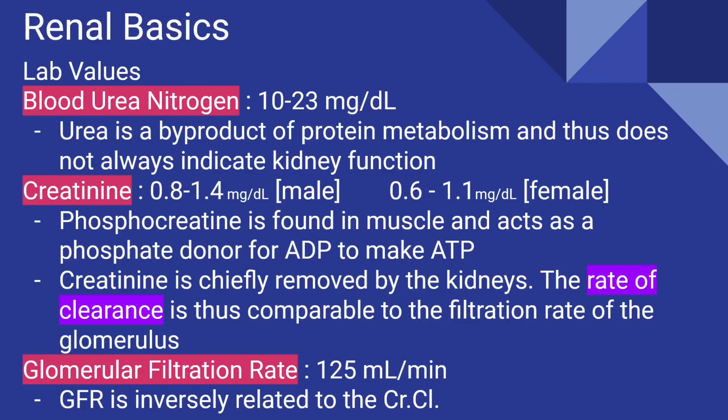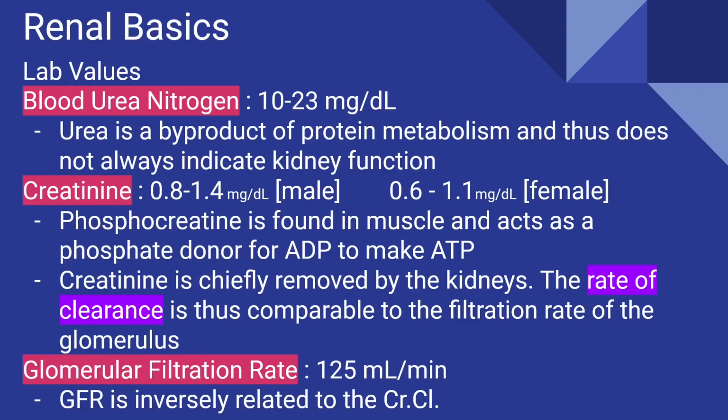And then there's creatinine, a little bit different for males and females. Phosphocreatine, a precursor to creatinine, is found in muscle tissue and acts as a phosphate donor in order to make ATP. So that's what creatinine does. As that's used up, it has to be removed by the kidneys.